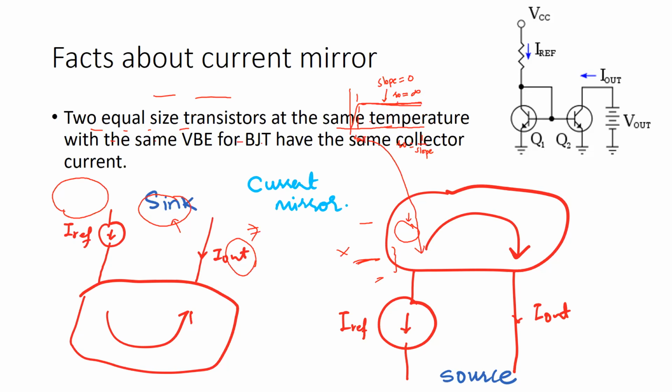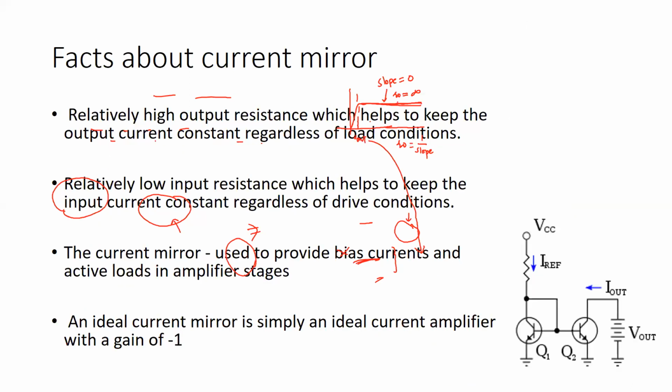You get an output current source. So in our circuit right over here, you have the current sink at the input, and you are producing at the output the current source, and the output resistance is infinite ideally.